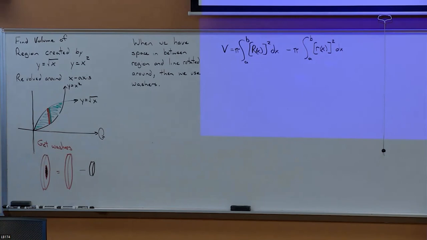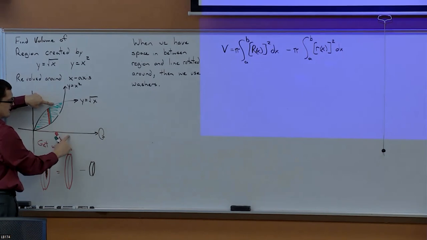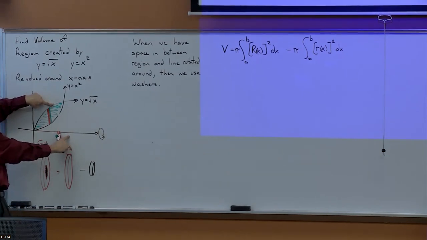Remember, the radius is always the outside edge to the line we're rotating around. So the bigger one is going to go from square root of x down to 0. You okay with that?